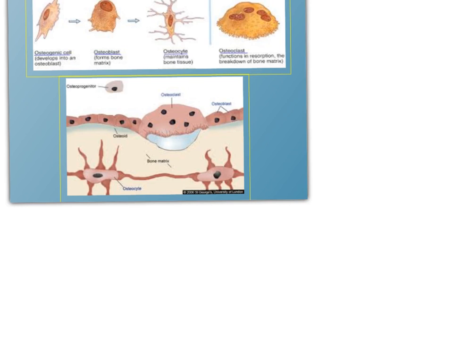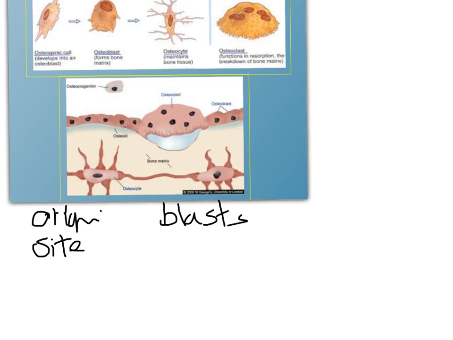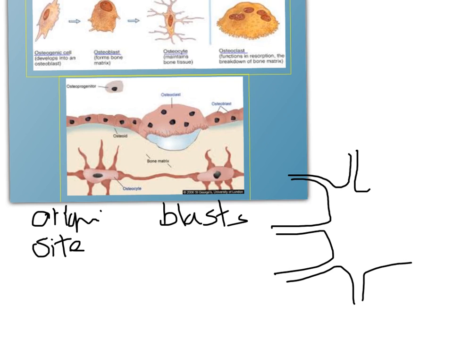What is the origin here? The origin is from the osteoblast. What about the site? They are present inside lacunae, inside the structure of the bone, and these lacunae are connected together by canaliculi.